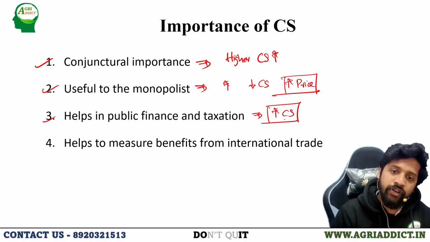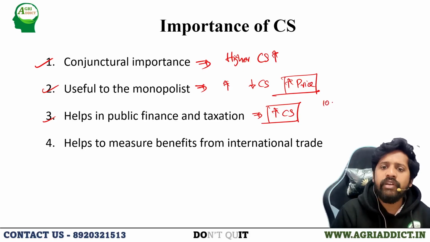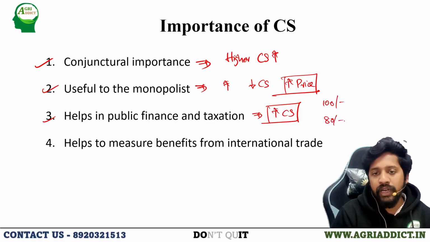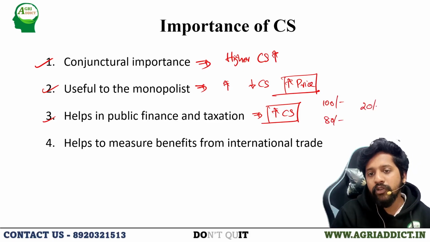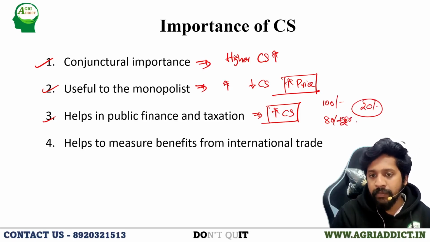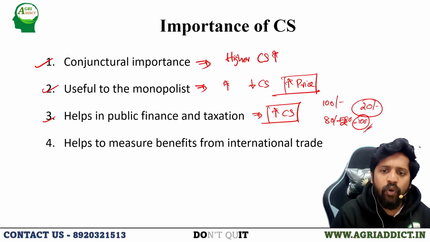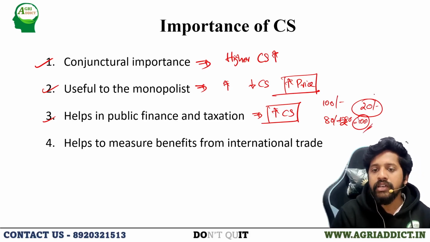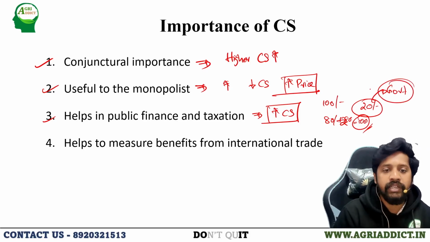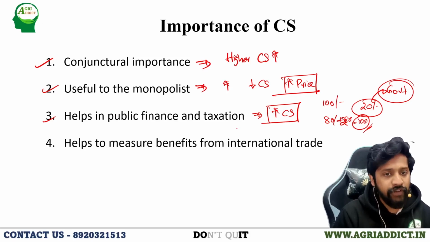Therefore the government will be getting some remuneration, because anyway for 100 rupees the consumer is willing to pay, but he has to pay only 80 rupees. And if this 20 rupees extra the government is imposing as tax, it will become 80 plus 20, that is 100 rupees, that was already affordable by the consumer. So therefore this 20 rupees will be going to the government, right? So it can be used for some other welfare activities by the government. So it helps in the public finance and taxation.